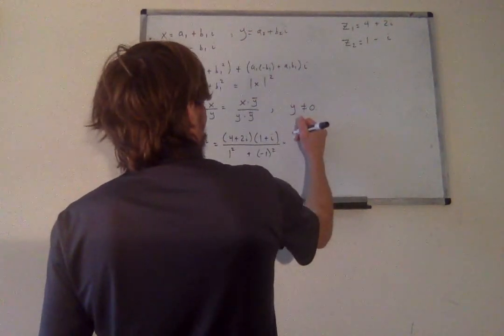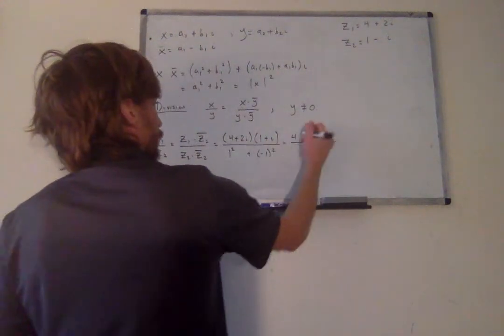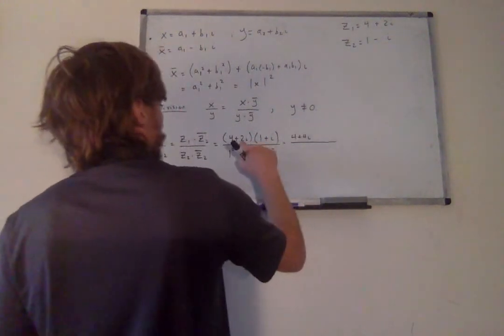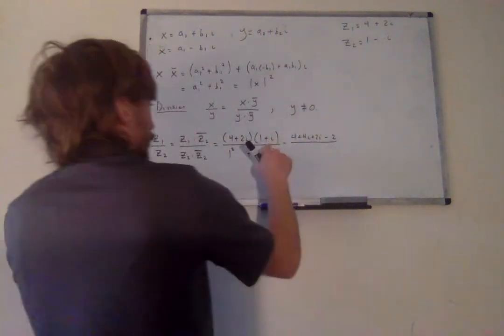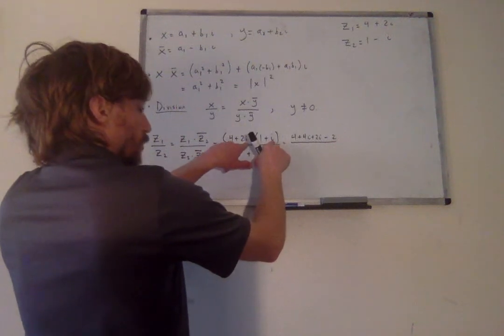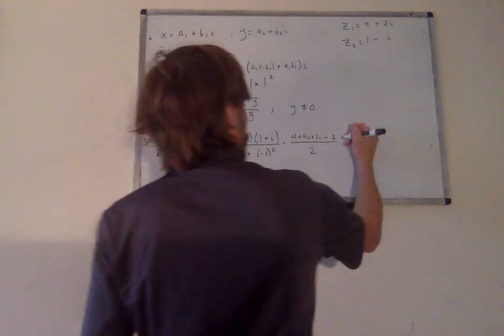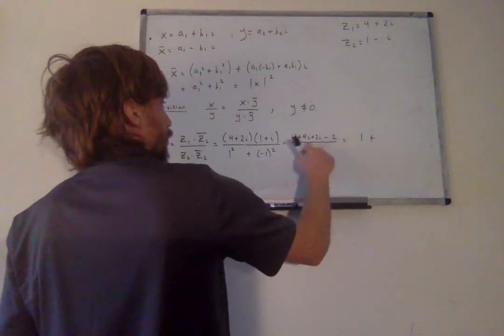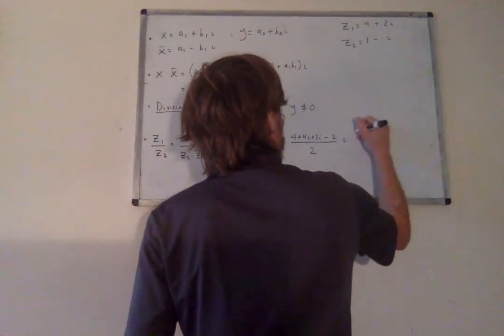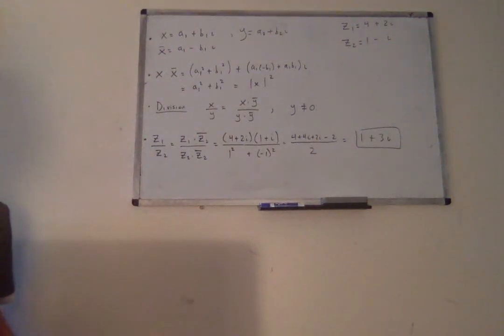Now this product, I'll FOIL this time: 4 plus 4i plus 2i minus 2, right? And 2i times i is 2 times i squared, which is 2 times negative 1, all over 2. And so if you simplify, this is equal to 1, 4 minus 2 is 2, plus 3i. And so that's a slightly easier way to calculate this.